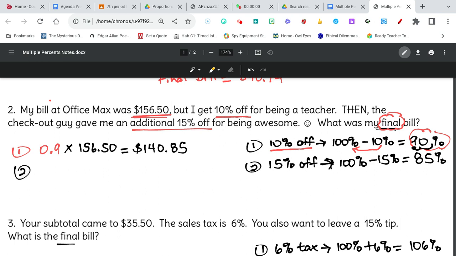Okay. Then the cashier decided he was going to do me a favor. He's going to give me an extra 15% off. All right, so I am going to take an extra 15% off the 100% that I now owe. The 100% that I now owe is this one. Okay, I owe 100% of that.